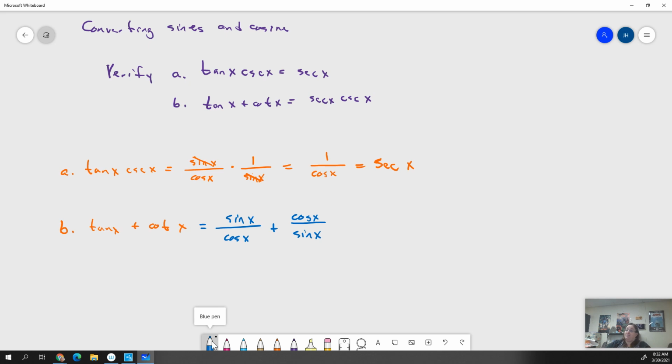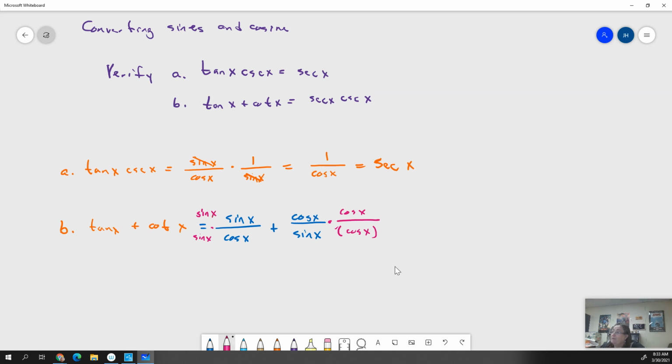This isn't a multiplication problem. We can't cross anything out. This one has cosine of x. This one has sine of x. So I have to multiply both sides times cosine of x. And this side is going to need a sine of x, so I'm going to multiply those two.